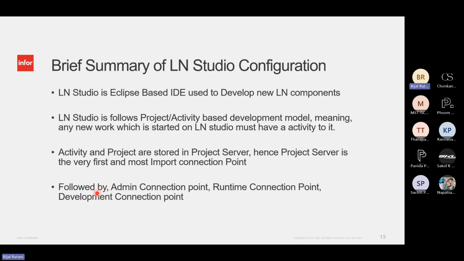Admin, runtime, and development are done when you create the first activity, only the first activity in that workspace. Only then will these three connection points be established. Then onwards, when you create a second activity, the same connection point will be referred for activity number 2. Any questions? Are you following? Yes. Okay, great.